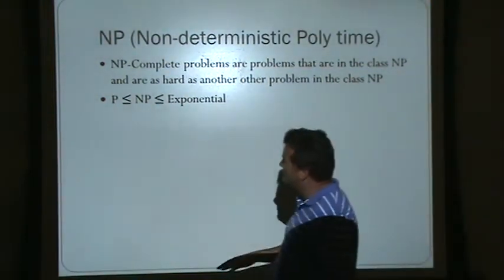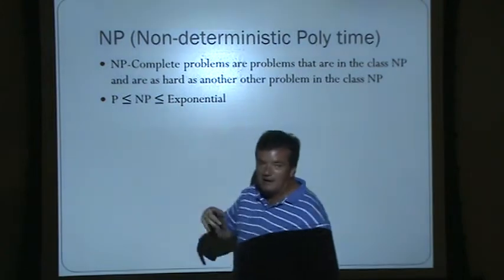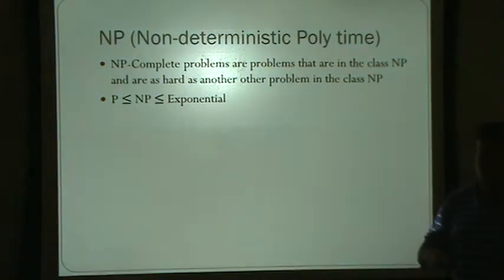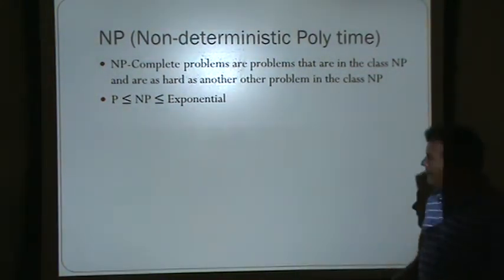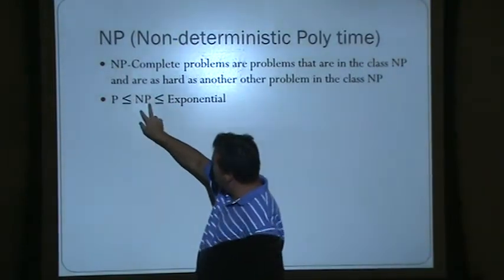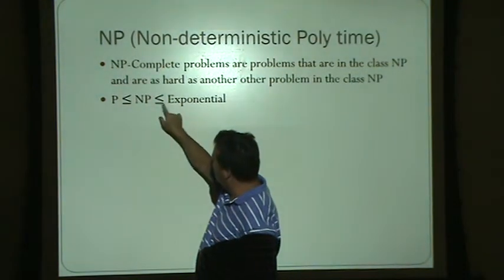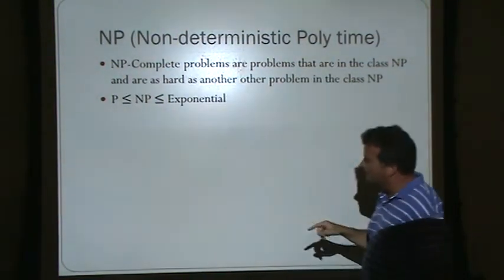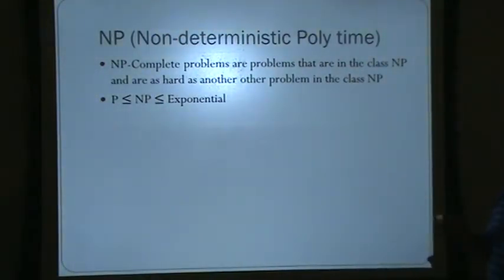So anything we can solve non-deterministically in polynomial time, we could solve in polynomial time. And then it is a subset of, or possibly equivalent to, all the exponential problems, because there are at most exponential possible inputs that we would have to test.